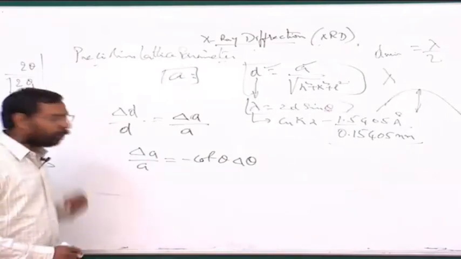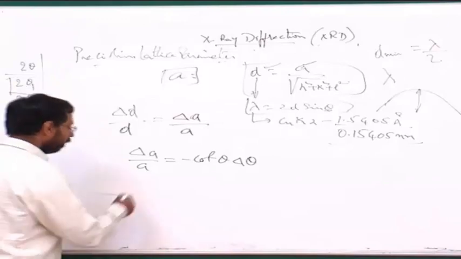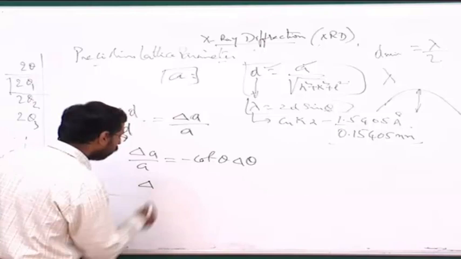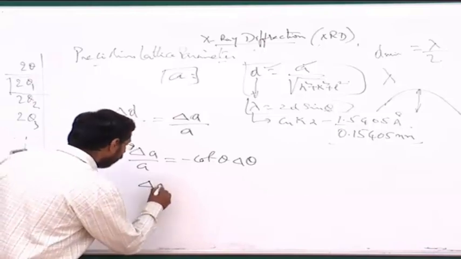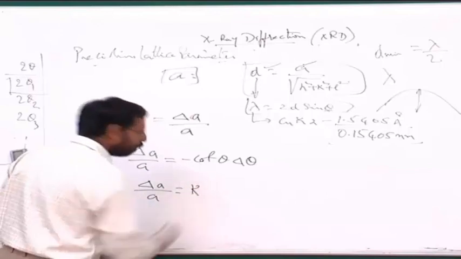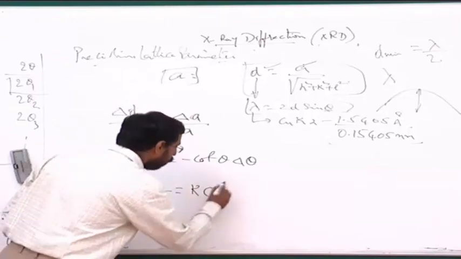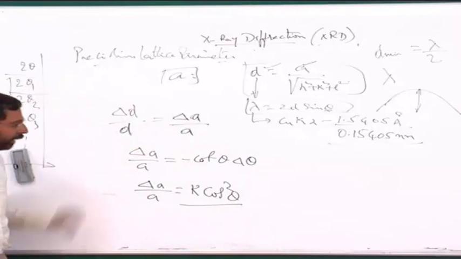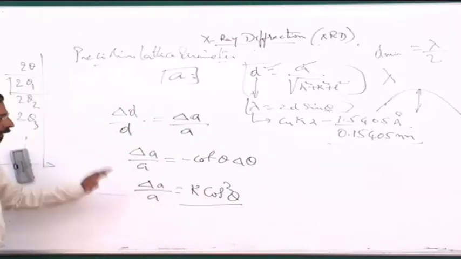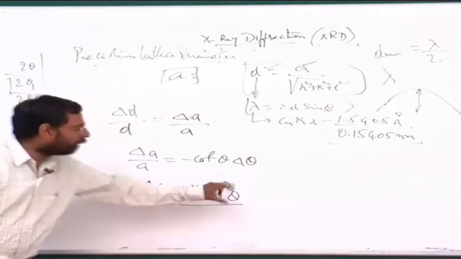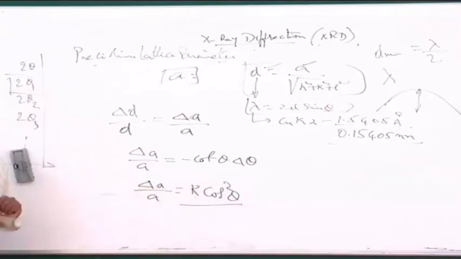And to find this out, what people have done is they tried to do some analysis, and then in principle found out that delta A by A is proportional to cos square theta. I will not go into the details of how this is arrived at, but this is one of the formulas that is regularly used for finding the precise lattice parameter.